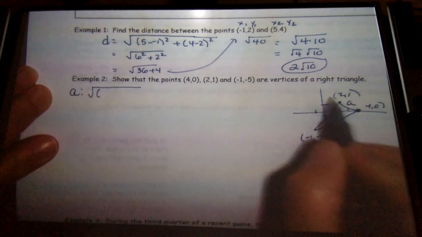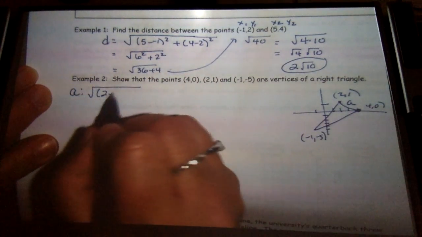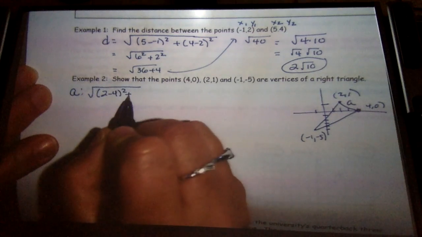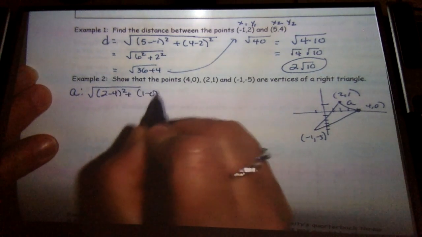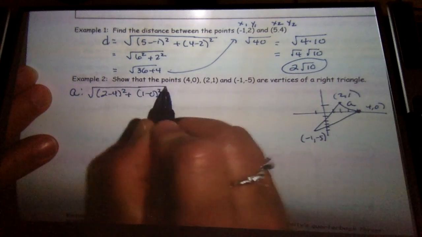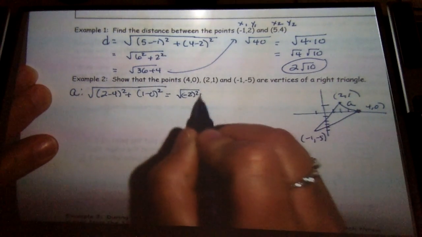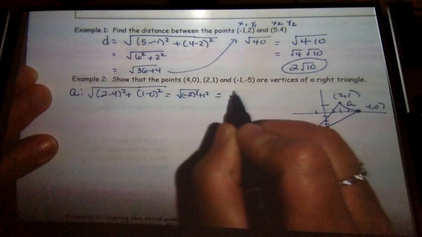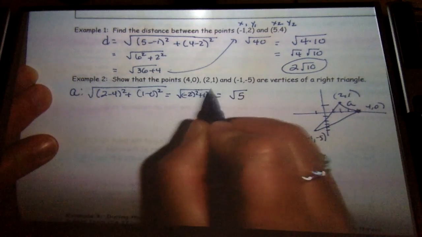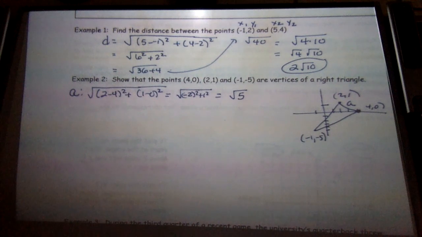That's what we did up here, the distance formula. So the x is 2 minus 4 plus 1 minus 0. That's a -2 squared plus 1 squared, which gives us 5.